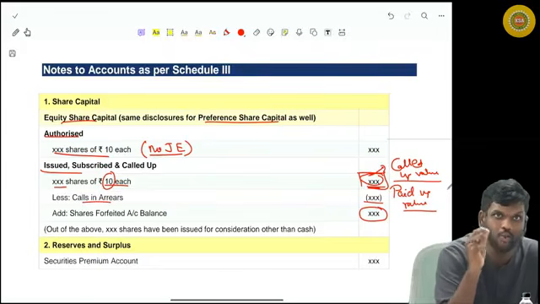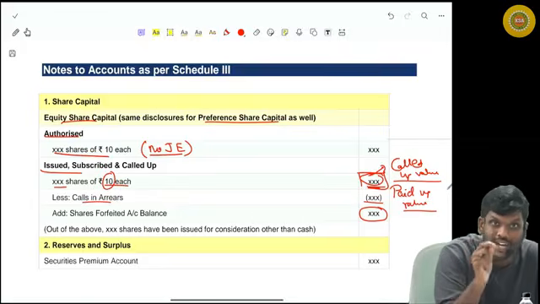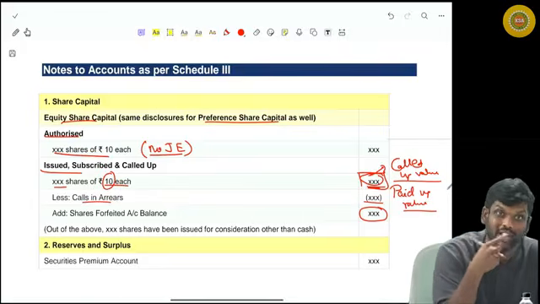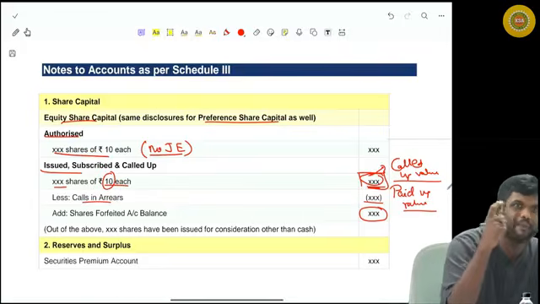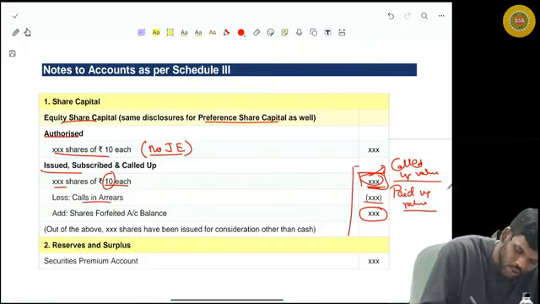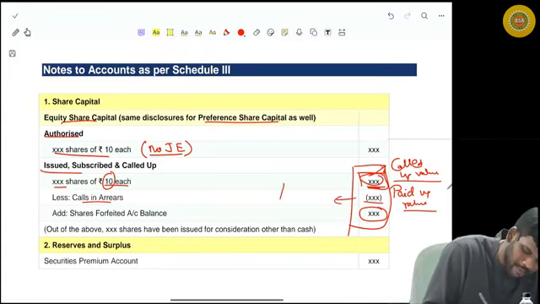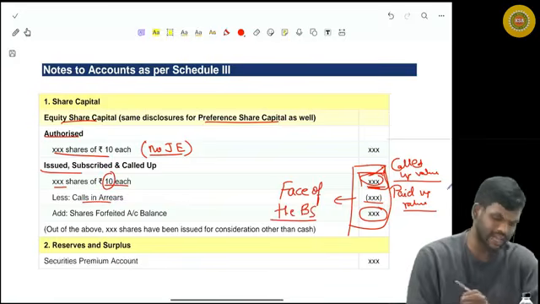Paid up value on the forfeited shares will be there in the shares forfeited ledger account till you have reissued these shares. So whatever balance is there in that ledger account, that also will be added. This total amount, this minus calls in arrears plus shares forfeited balance, this only will come in the face of the balance sheet. Okay, so be very clear with this.